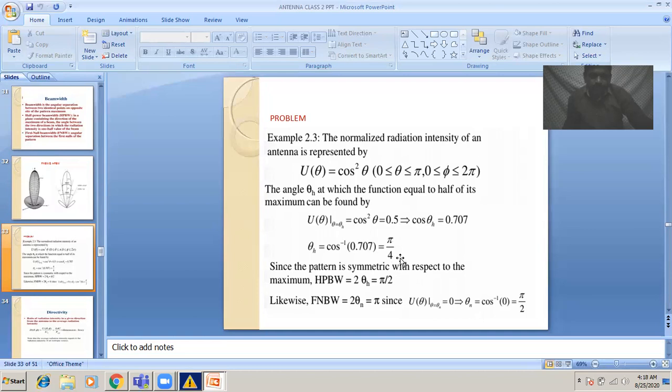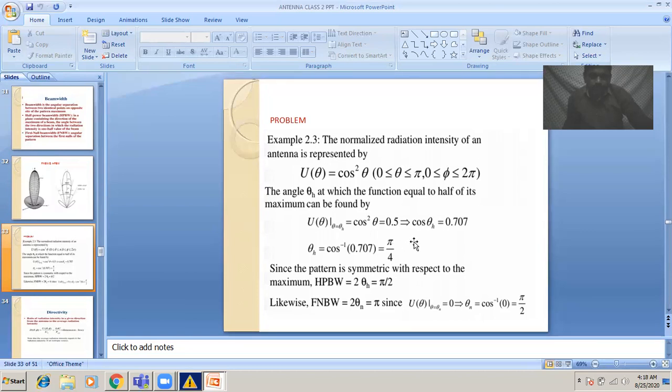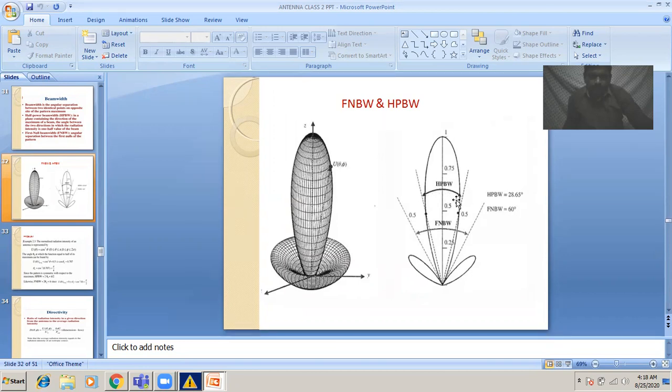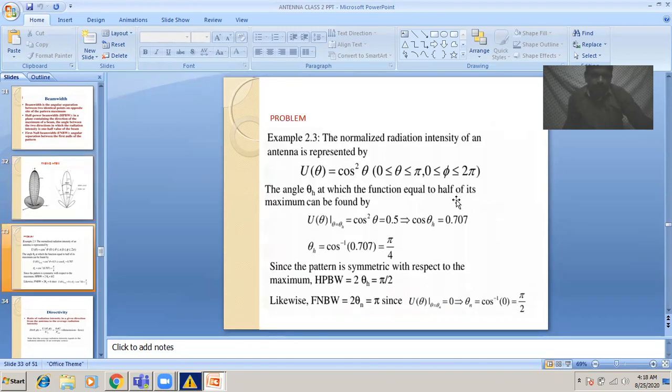On the left side, pi by 4. On the right side also, it is symmetrical. Therefore, it is pi by 4 and pi by 4. The total beam width is equal to pi by 4 plus pi by 4. Therefore, that is equal to 90 degrees. So, 90 degrees in radians can be represented by pi by 2.